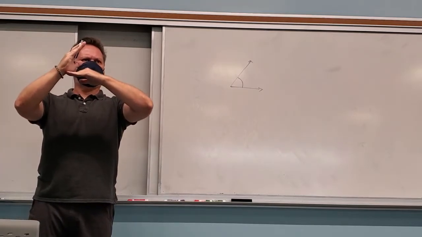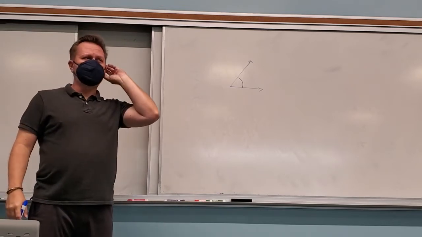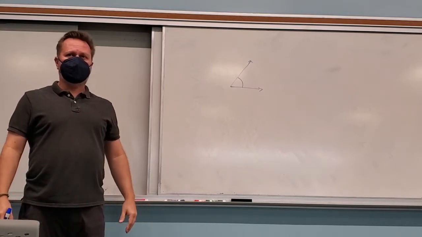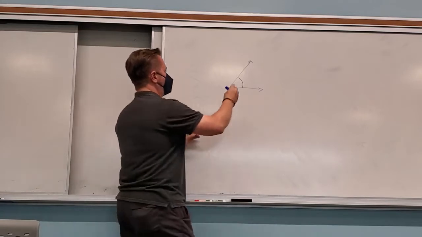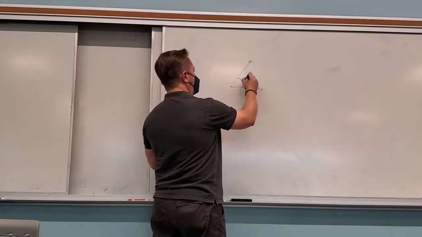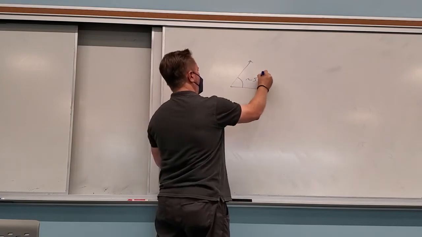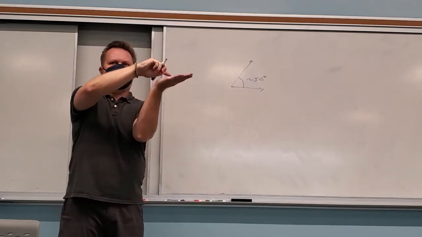It's a little less than 90, so what would you say? It's definitely not 45. It's a little bigger than 45, isn't it? So I would say maybe 50 or 60. So it's like 50 degrees, a little bit bigger than 45. 45 would be exactly half of 90.